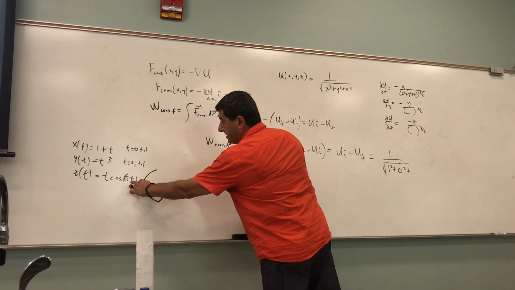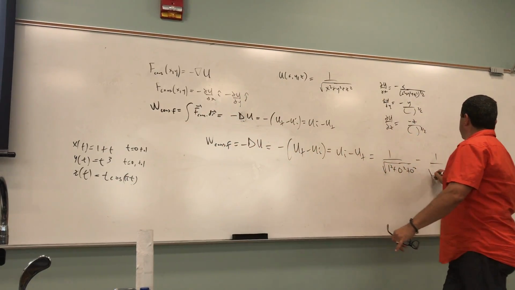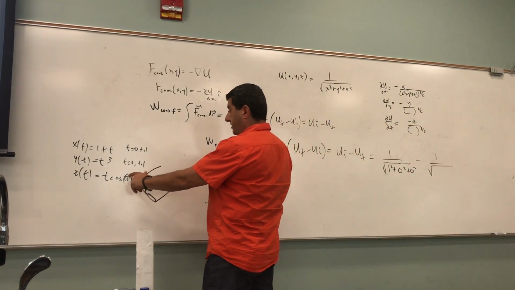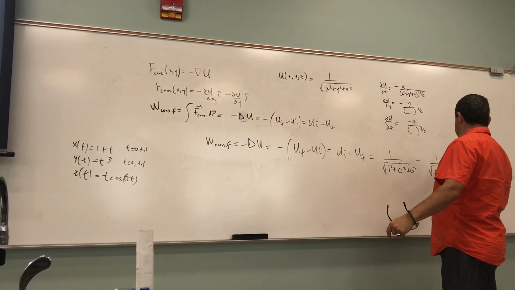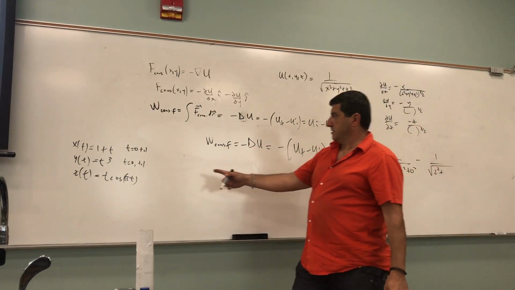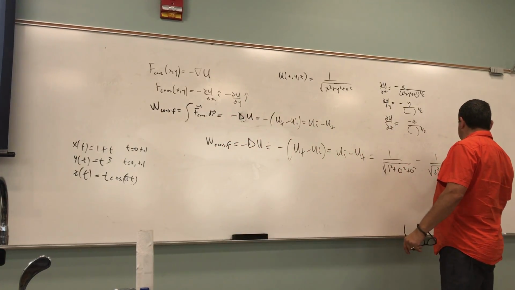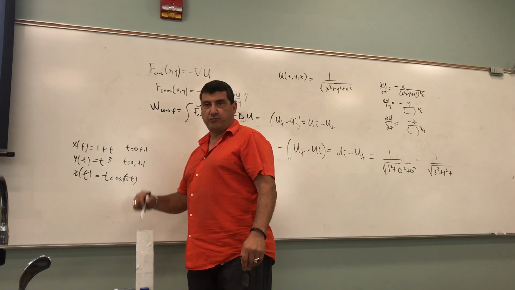My initial z is also 0. Minus 1 over square root of, then my final x is what? 2, plus my final y is 1, and my final z is negative 1, right?